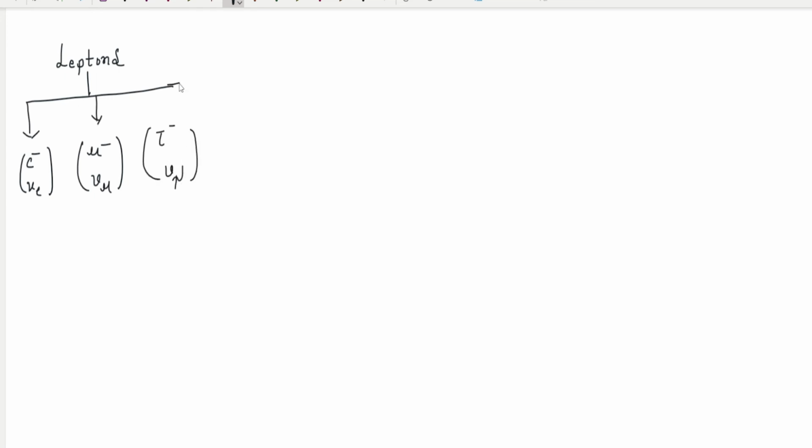This is the final classification you want to remember in case you try to solve elementary particle problems in CSIR NET, GATE, for example.